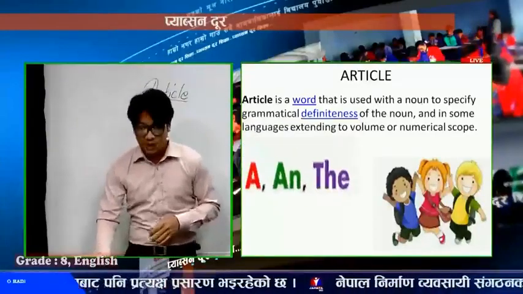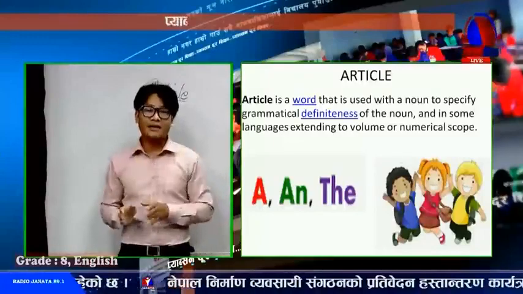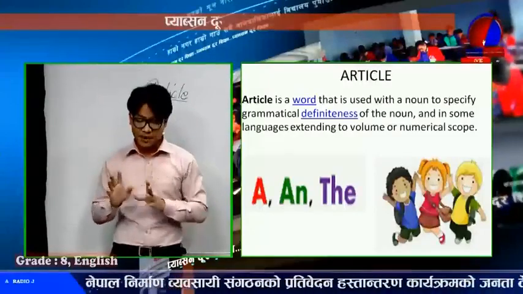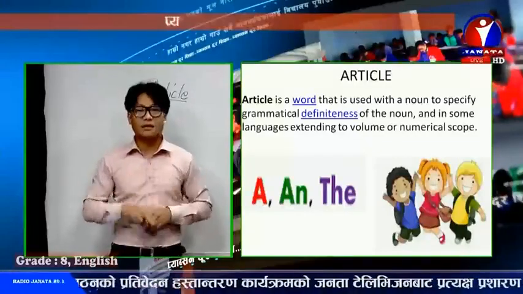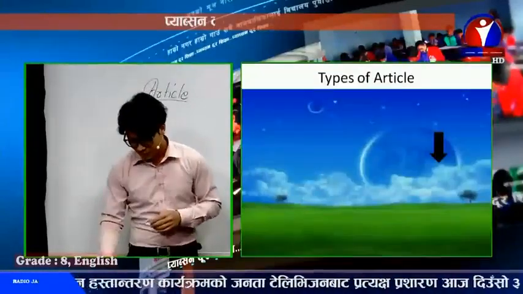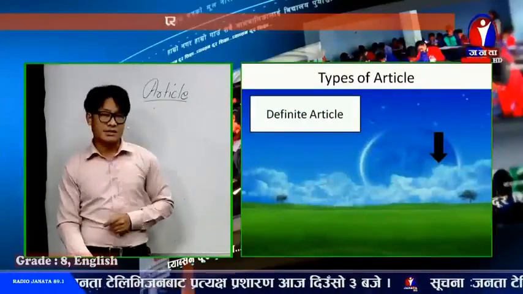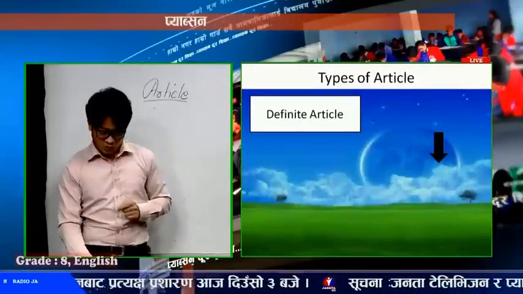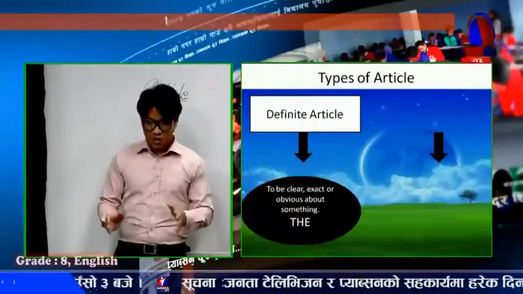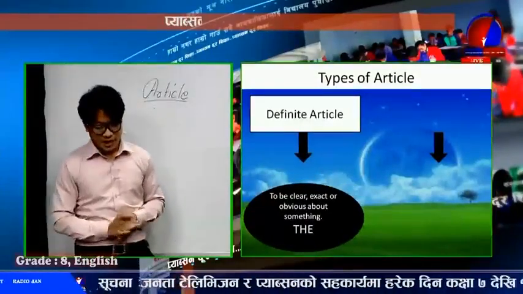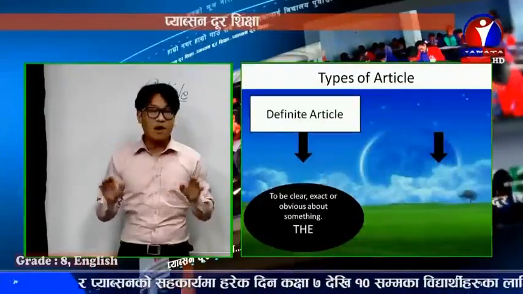So we have three articles, that is a, an, and the. But first of all, let's categorize these three articles into two types. One is definite article. Which is definite article? To be clear, exact, or obvious about something.